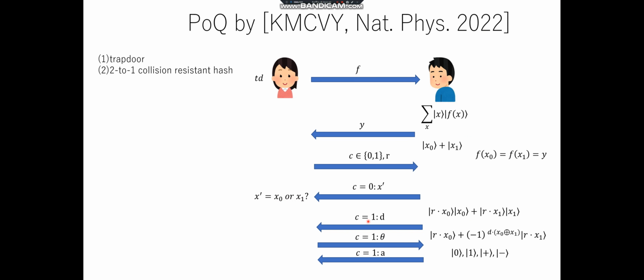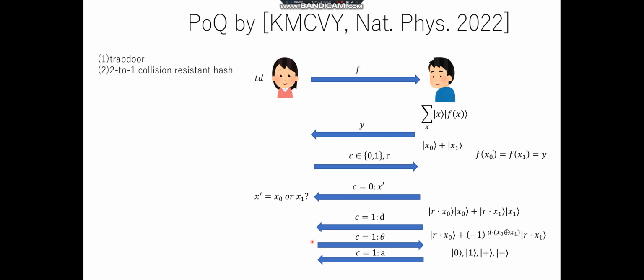If C is equal to 1, then the prover generates this quantum state by using the random bit R. Then the prover measures the second register in the Hadamard basis. The state after the measurement is this state. The prover sends the measurement result d to the verifier.